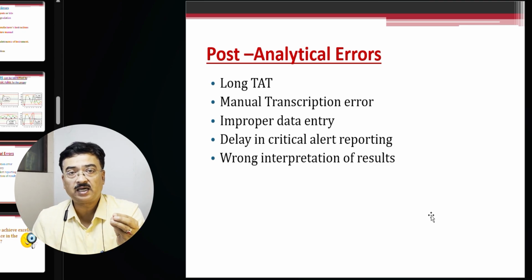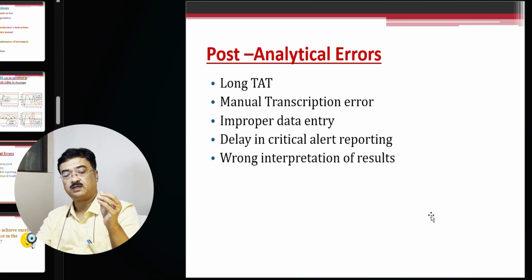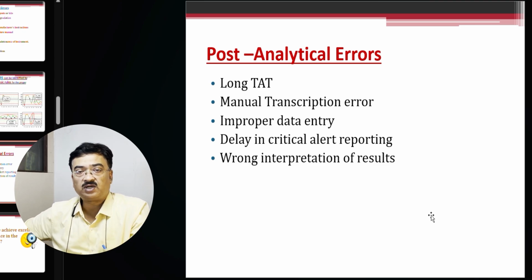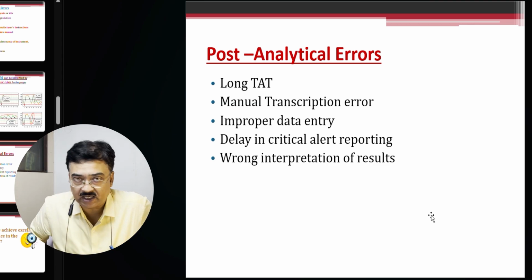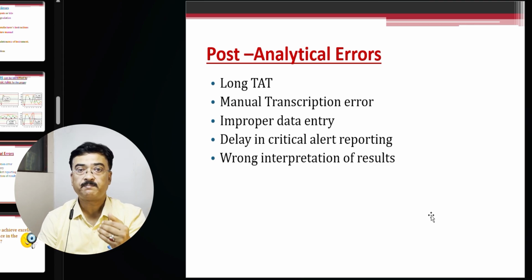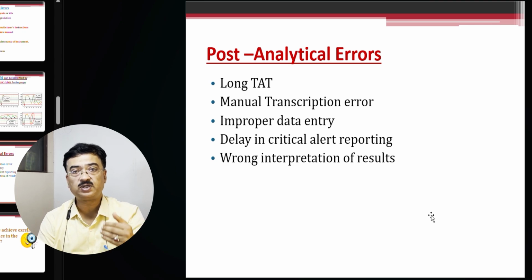So until you intimate the result to the concerned physician or the patient party, the treatment may be delayed. So critical alert means the parameter results are so dangerous for life that immediate attention and treatment is mandatory. Those parameters we call a critical alert.